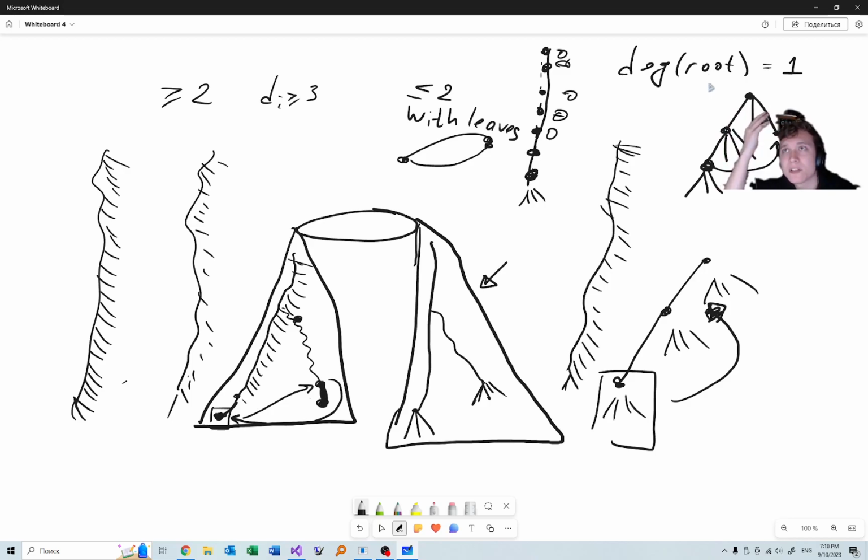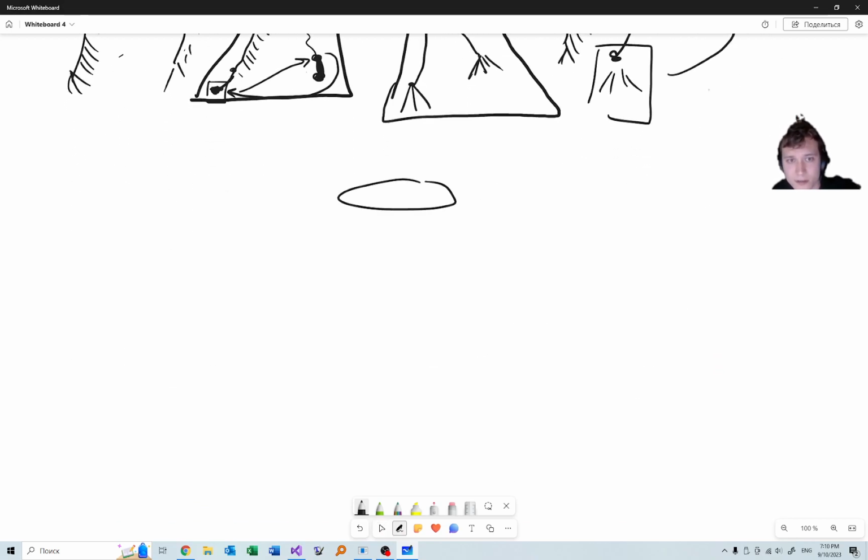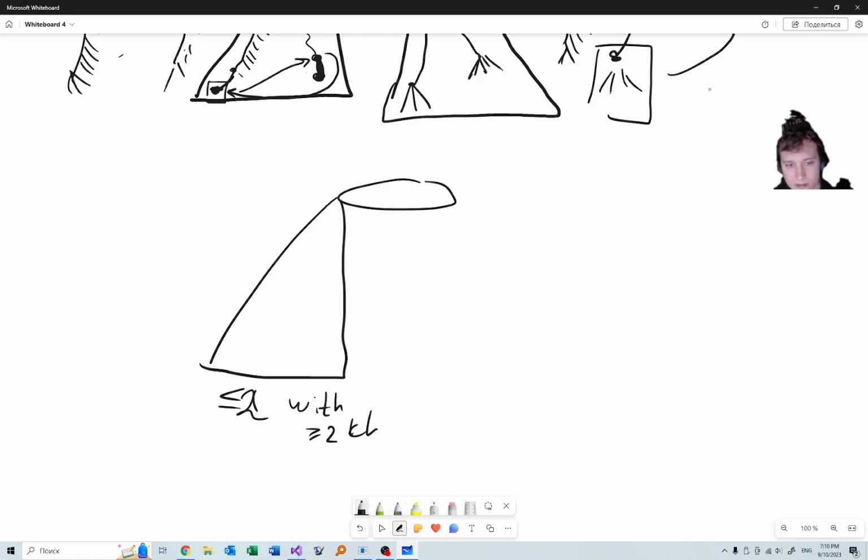So now we have the number of children for each vertex. And it seems that we have the following: at most 2 vertices with at least 2 children here, and at most 2 here. What happens if we have at most 2 vertices with 2 children? It means that we have no branching, and we have to make one of these vertices the son of the other one.